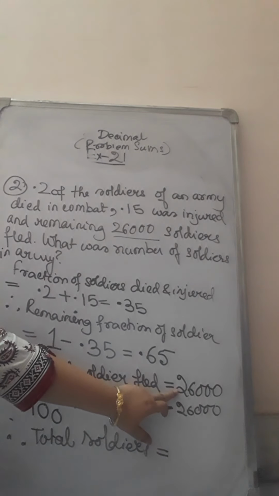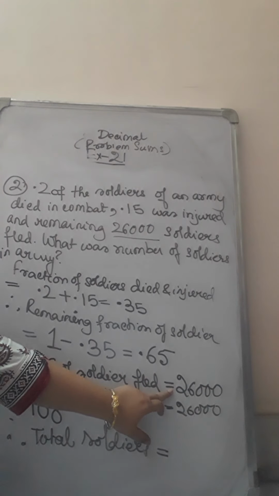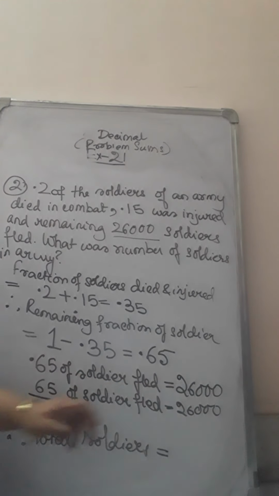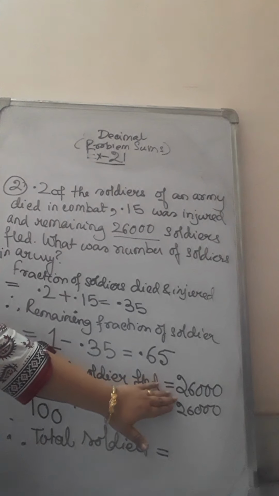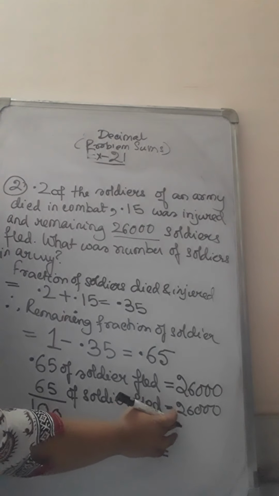Now the remaining is 26,000. But the soldiers who have died were also included before in the army. The soldiers who got injured also were included in the army. So the original army consisted of more than 26,000 soldiers.